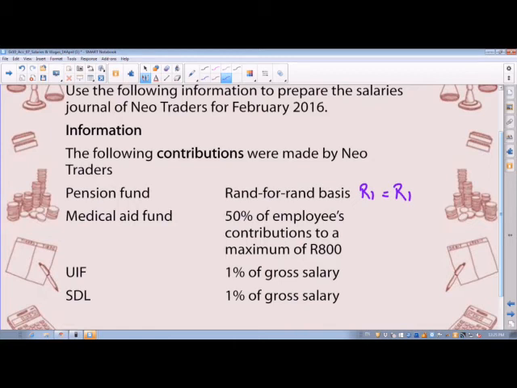Now they say the medical aid fund will give 50% of the employee's contributions. So they will give half of what the employee gives, but it will be capped at a maximum of 800. And then they will also give the compulsory contributions of your UIF and SDL. Now, what do I do? Let's go and look at the journal.